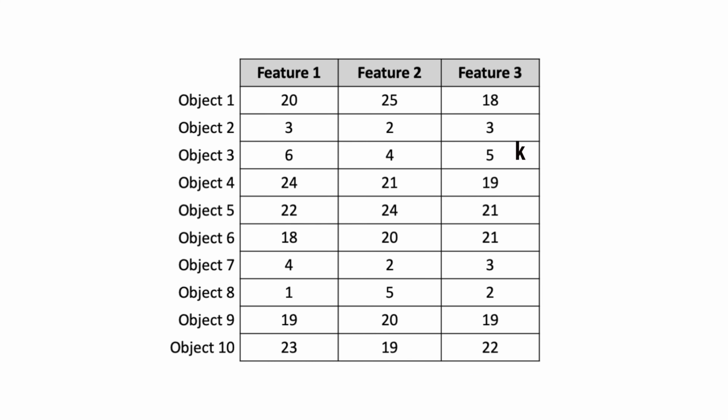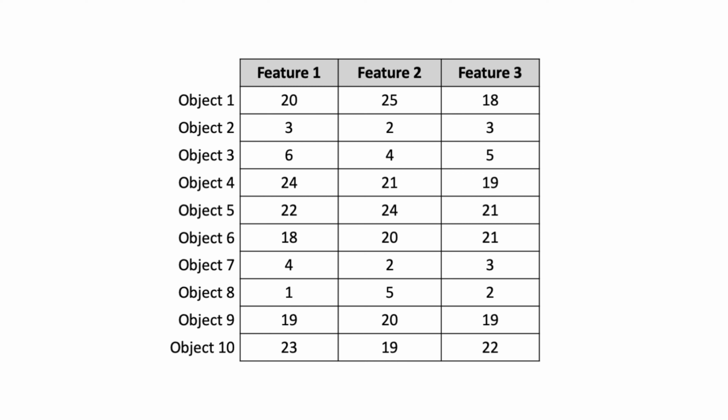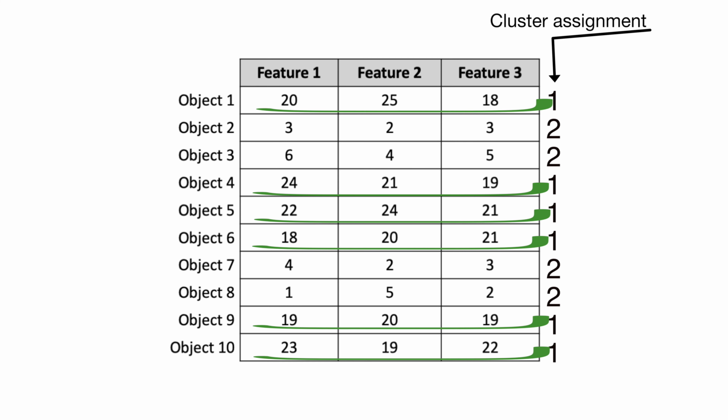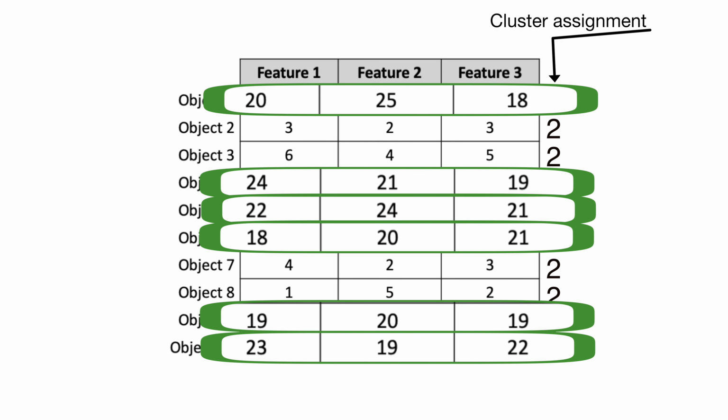The output of the k-means clustering algorithm is a cluster assignment for each row. That is, for each row, the algorithm will give you a cluster assignment which is an integer. For this data table with k equals 2, these rows will be in one cluster.